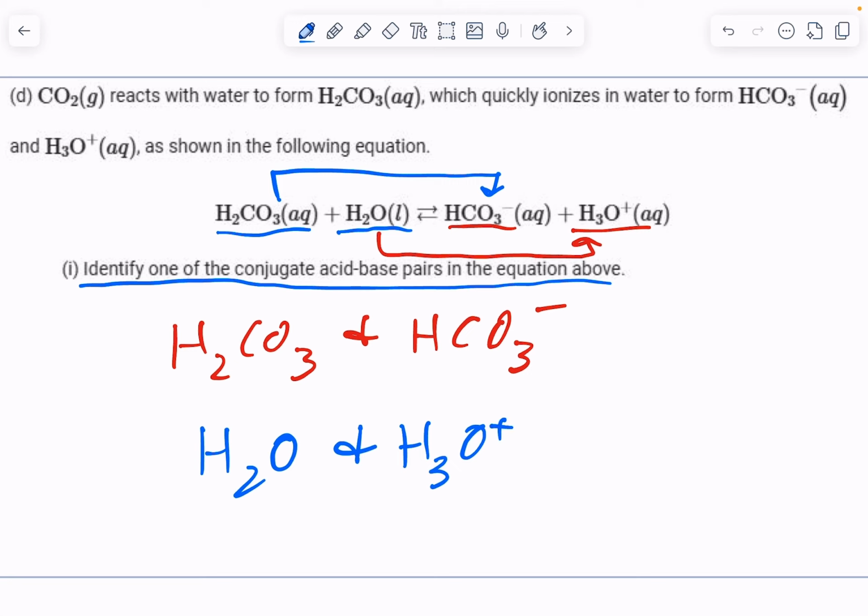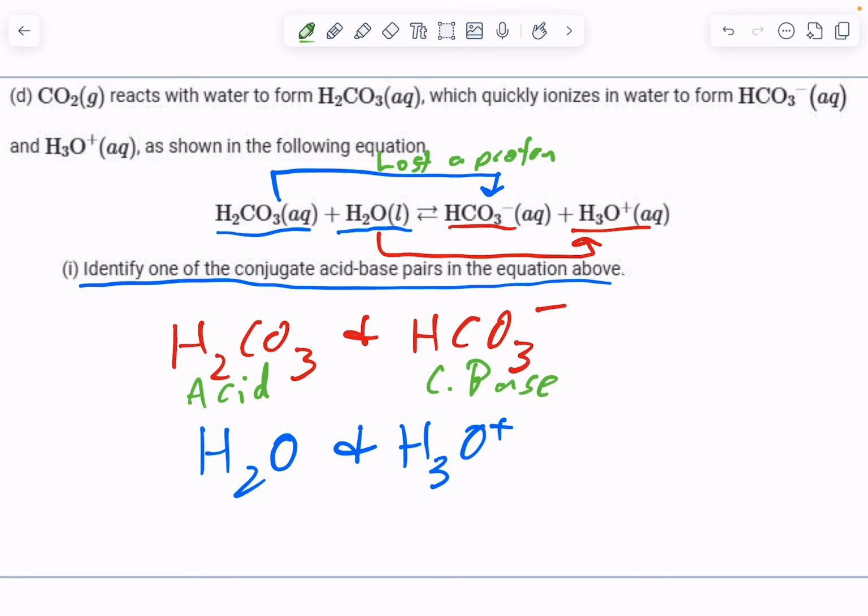Now I'm going to take it a step further and actually identify it so that we understand which one is which. Since the H2CO3 to HCO3 minus lost a proton, or in other words, it donated a proton based on Bronsted-Lowry, this would be the acid, and this would be a conjugate base.